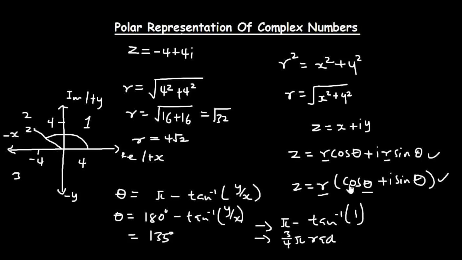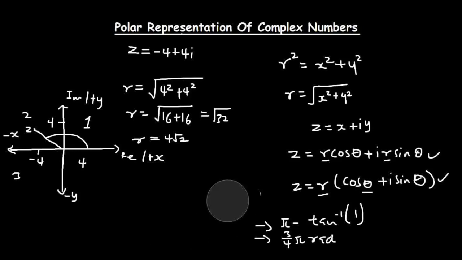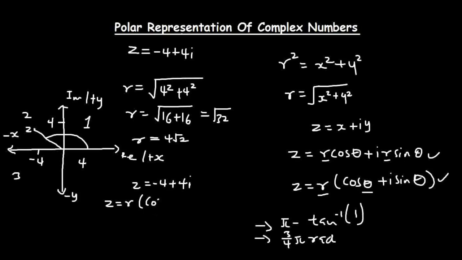Now let's come back to these formulas here. I'm going to clean this. The complex number z, which is equal to minus 4 plus 4i, we can write in the polar form using the formula z equals r multiplying cosine of theta, which is the argument, plus i sine of theta.